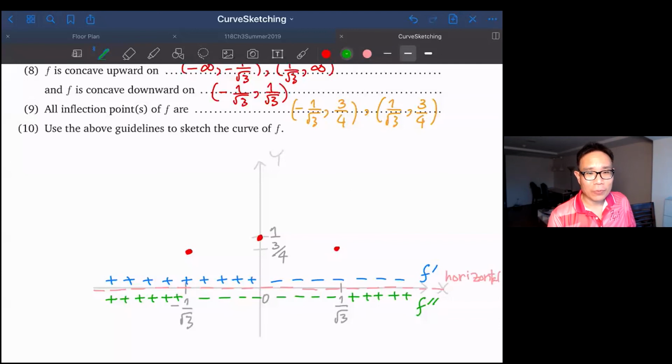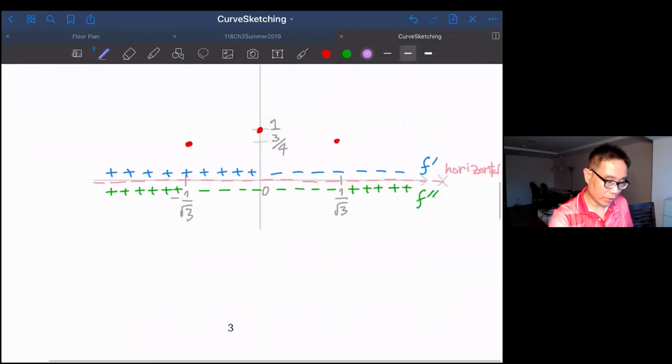The next thing that we're going to do is determine the shape of the graph. So let me determine the shape of the graph. You see that in this interval, you're going to have increasing and concave up. This one is going to be increasing, concave down. And this one is going to be decreasing, concave down, and this one is going to be decreasing, concave up.